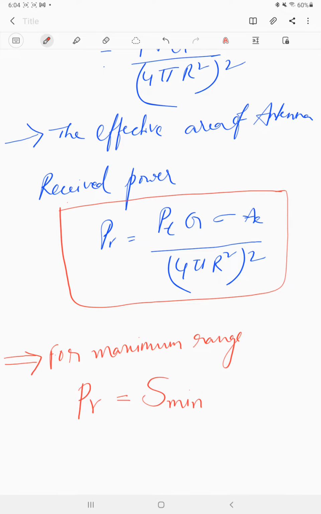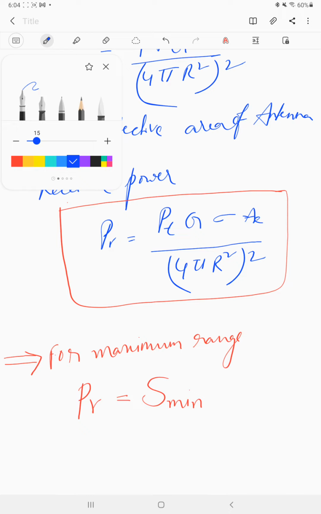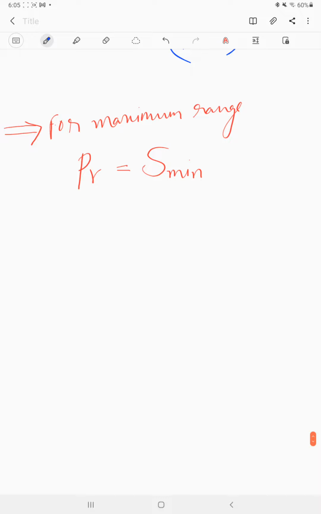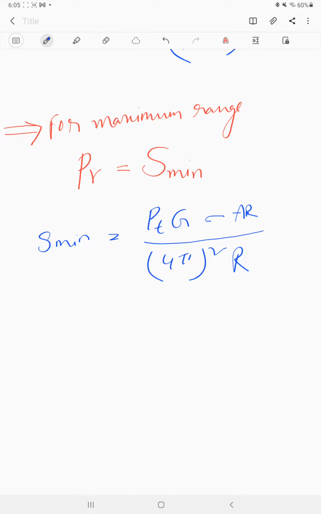From that we can say the minimum detectable signal S minimum is equal to PT G sigma AR by 4 pi whole square into R max power 4, where R square whole square.